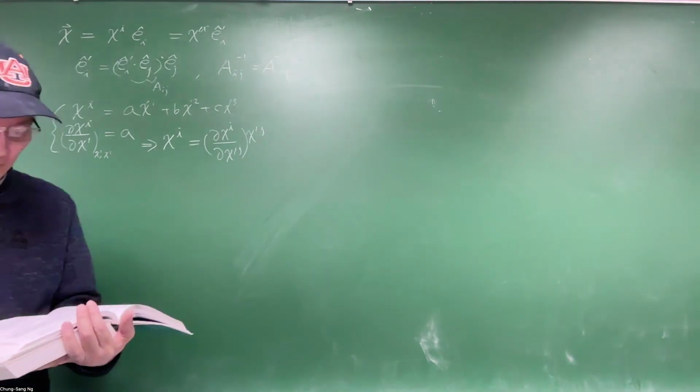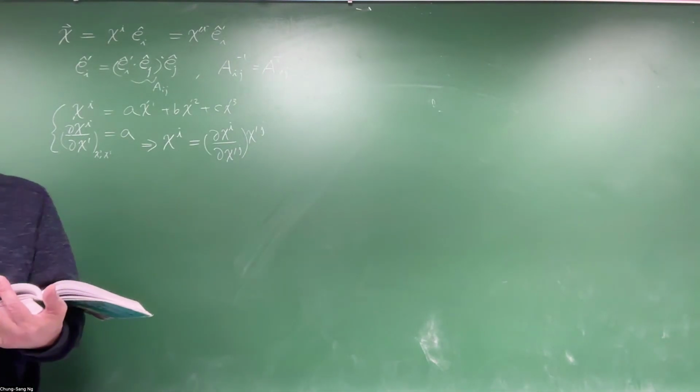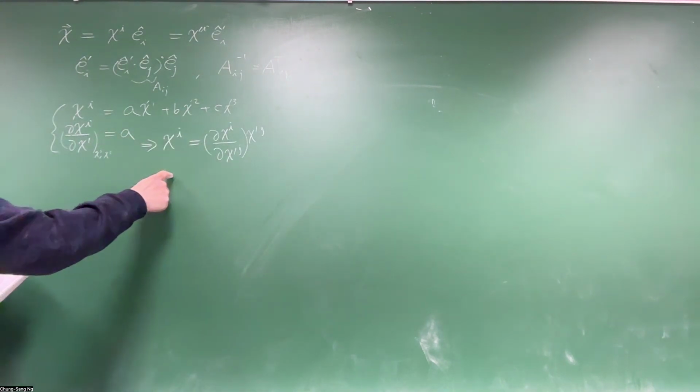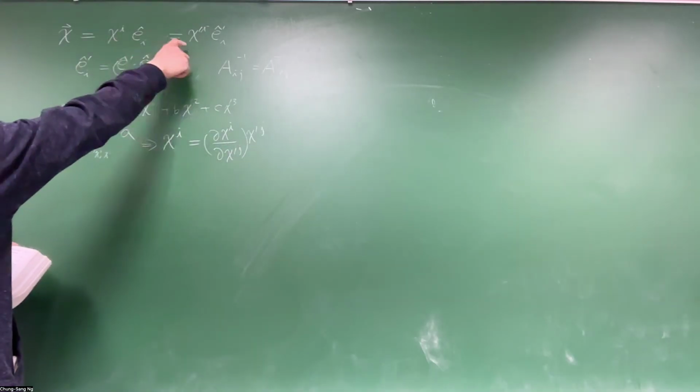Then I think in the next section we'll generalize that to coordinate transforms that are not necessarily linear, basically non-Cartesian coordinates, an even more general situation. Okay, so this is how you transform the component, right?